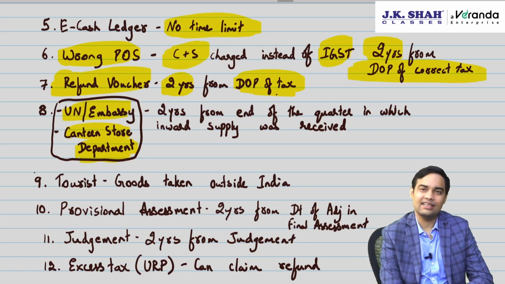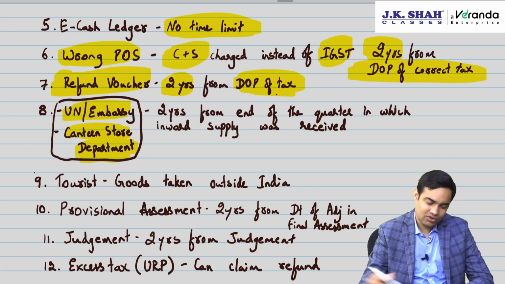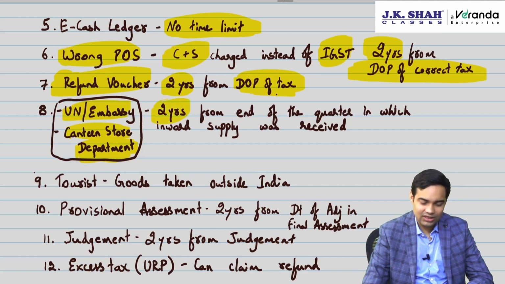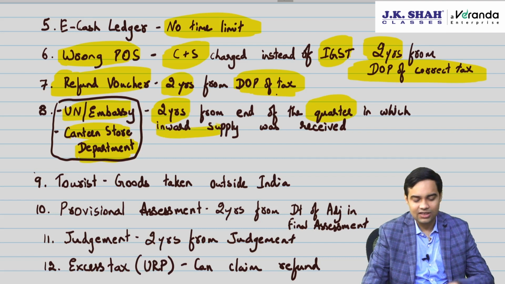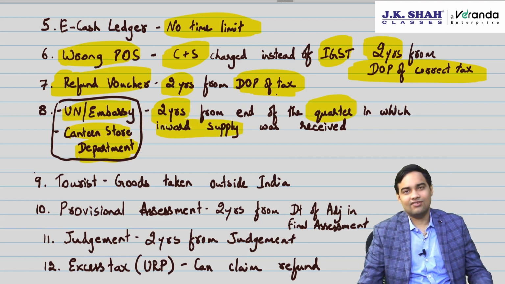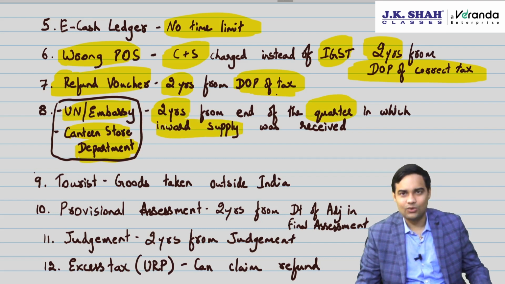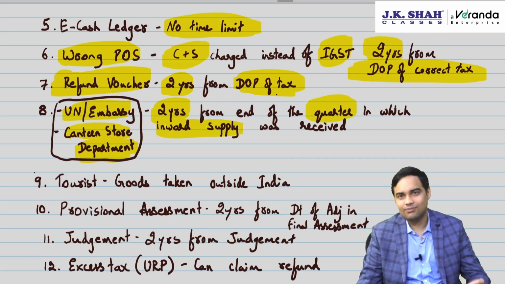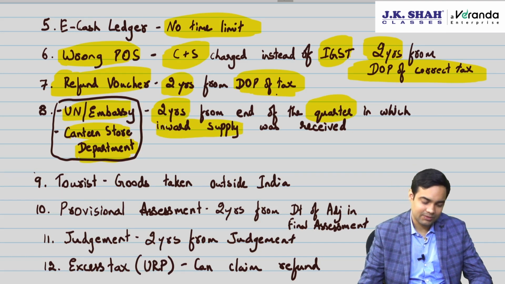So then the canteen store department can claim refund of 50% of the taxes, that is CGST component can be claimed as refund. And what's the time limit for both of these? The time limit is 2 years from the end of the quarter in which inward supply was received. So if the inward supply is received in Jan to March quarter, so from the end of March, 2 years time limit will be available.